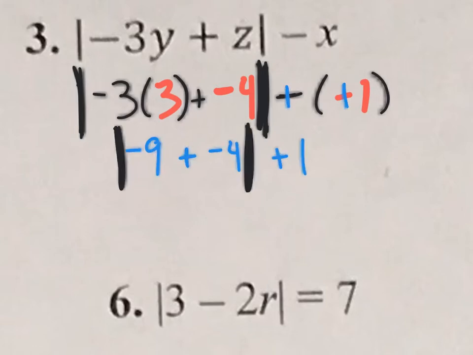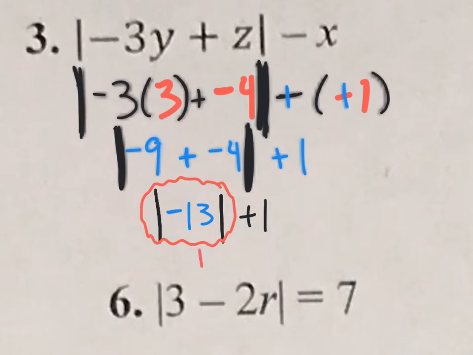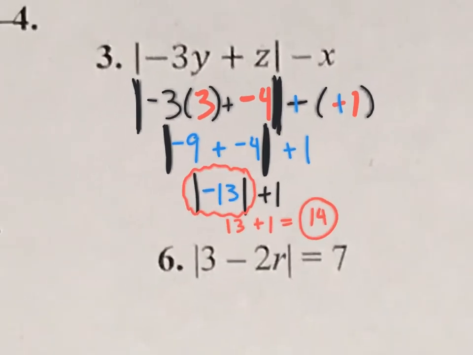So we're going to continue working on the inside of the absolute value. -9 minus 4, that's -13. So we really have the absolute value of -13 plus 1. And we all should know that the absolute value of -13 is 13, and 13 plus 1 is 14. So 14 is your final answer for number 3. Expect to see that on the quiz Friday.